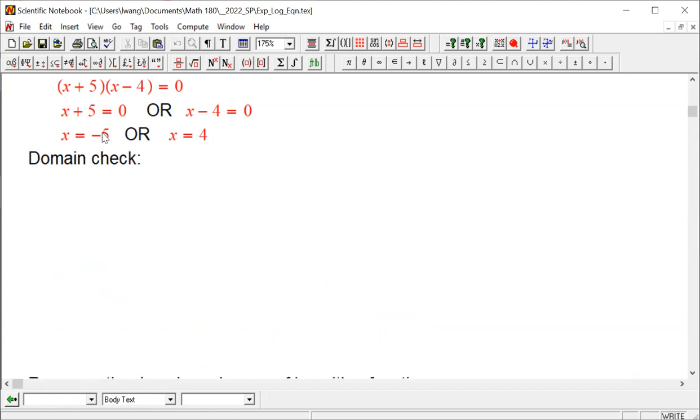The domain check tells us that x equals negative 5 is not in the domain. Thus, it is not a solution. x equals 4 is in the domain.